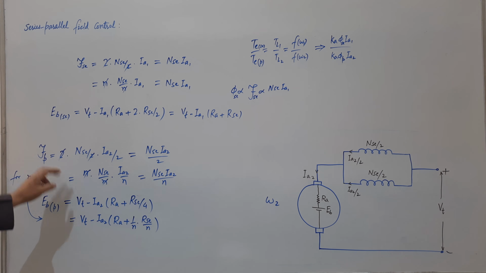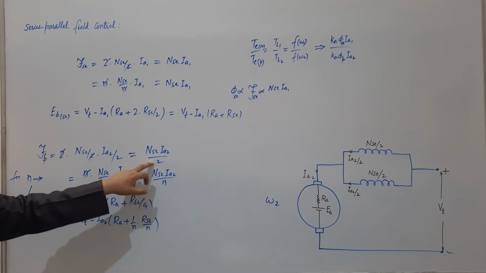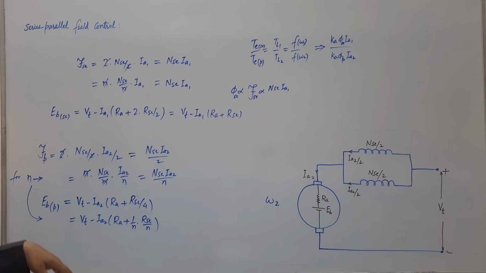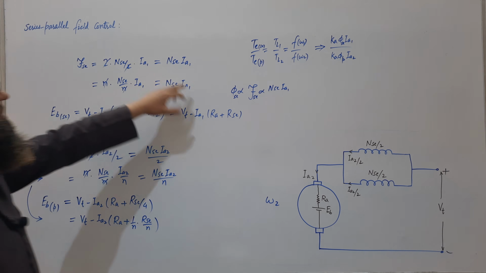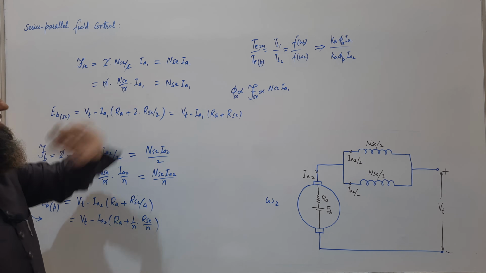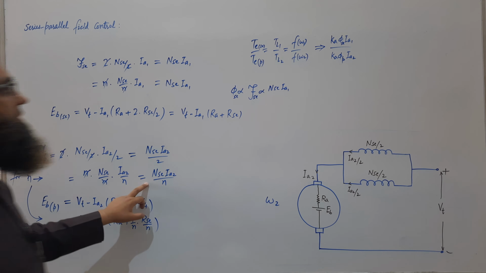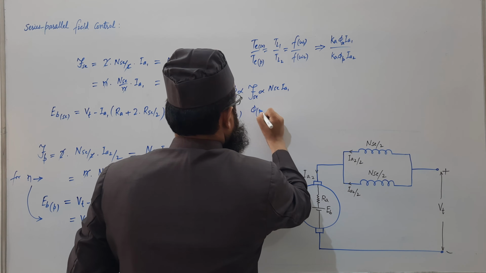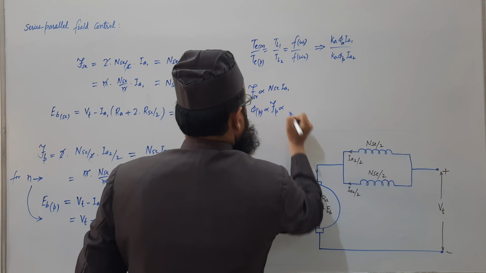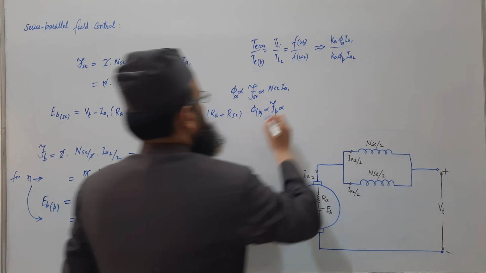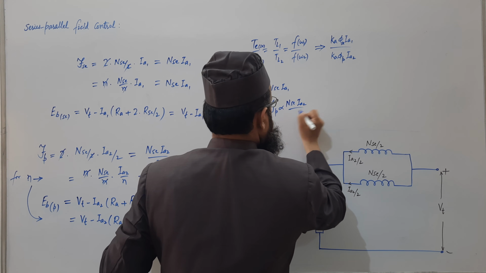Similarly, this is NSE Ia2 by 2. For the general case this remains intact, and phi P is proportional to, or we may say equal to, NSE Ia2 upon n.